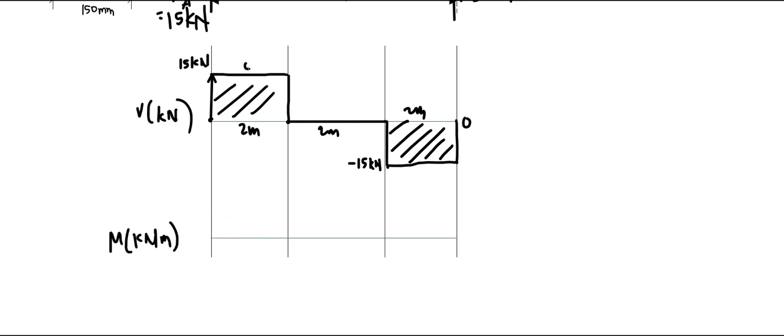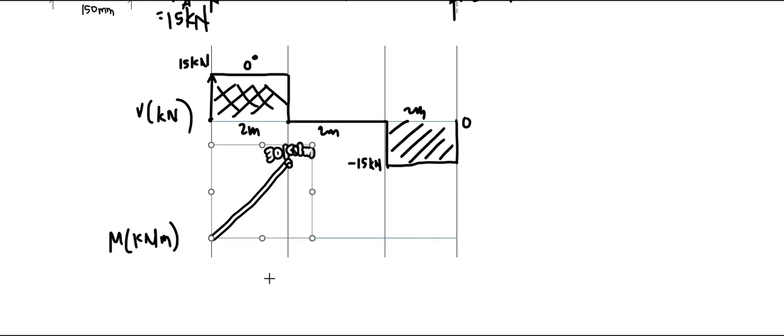Going from 0th degree, this goes in a linear fashion of first degree, increasing upward. Then it stops at a point equal to this area shaded here, that is 15 times 2, 30 kilonewton meters. And then no changes of the shear, moment from point B to point C, since the shear here is 0, so this goes in a horizontal line.